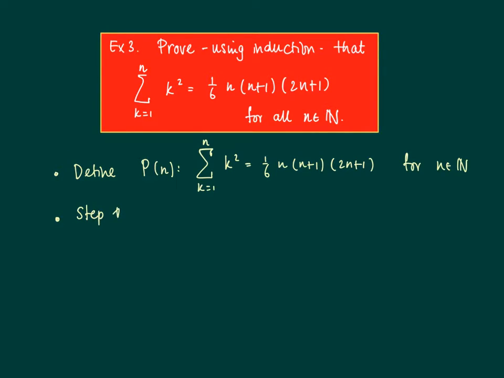The first step is showing that in the beginning of our sequence of statements we have a valid statement P(1). So we need to show that P(1) is true. So we substitute n = 1, so we get the sum of k = 1 to n of k squared equals 1 squared, which is 1, equals 1/6 times 1 times 2 times 3.